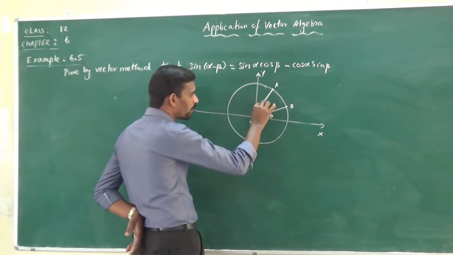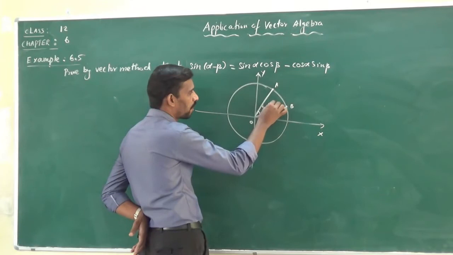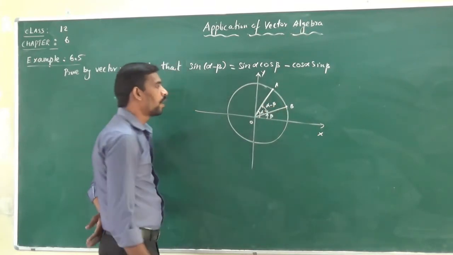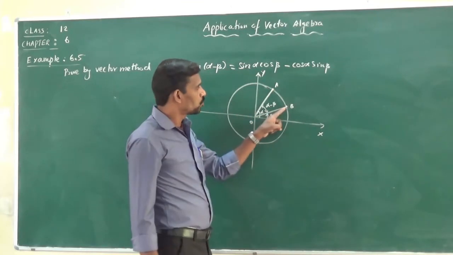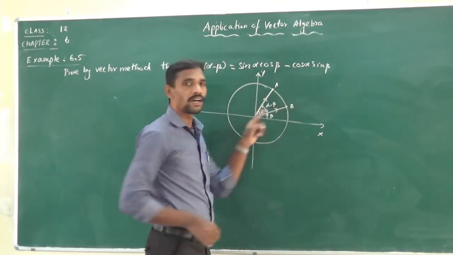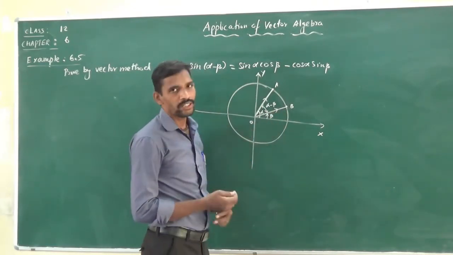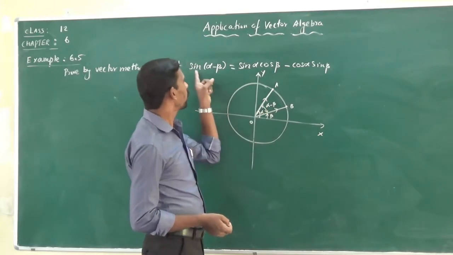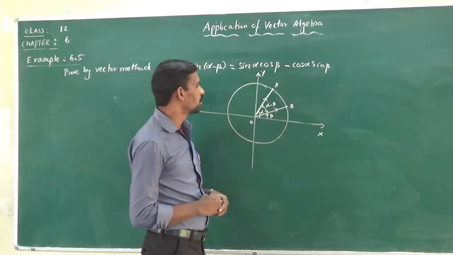Now the required angle AOB is nothing but alpha minus beta. I want to find the angle between the two vectors OA and OB by the cross product method. Why do I want to take the cross product? In the cross product only we have sine theta.